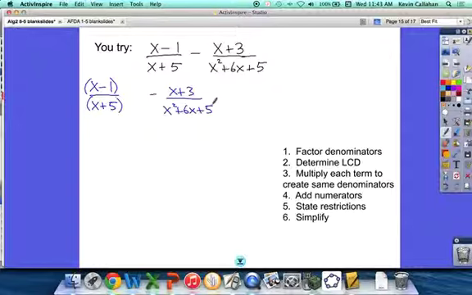Oh, what did I do? The whole point of this step was to factor. x plus 5 times x plus 1. The LCD, least common denominator, will have an x plus 5 in it and an x plus 1.